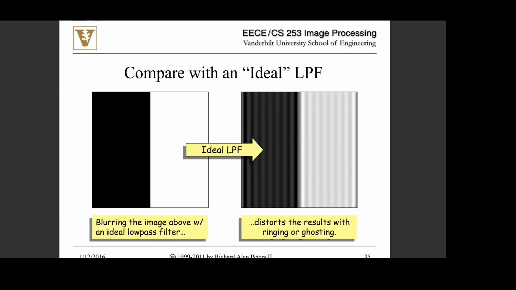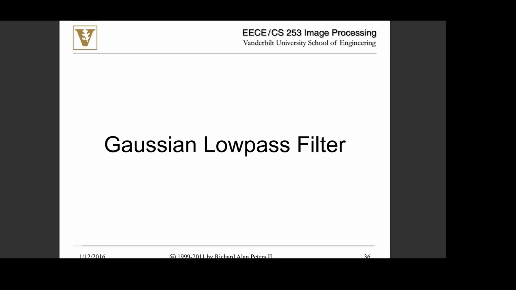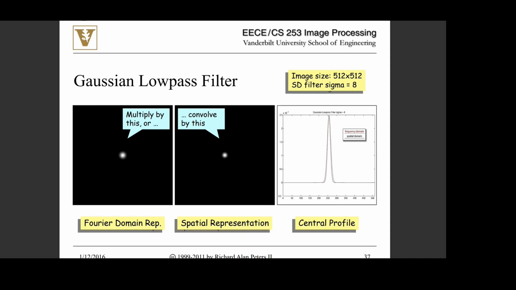And we can compare to the ideal low-pass filter, and we can look at the same process as we did before. This is the Gaussian in Fourier space. This is the corresponding Gaussian in real space. We are representing both there. But the Gaussian filter is a type of low-pass filter.